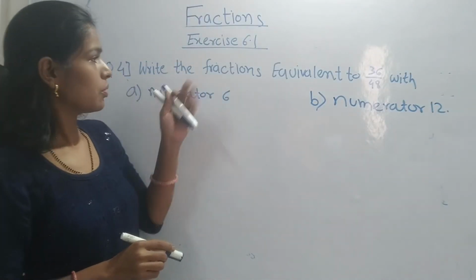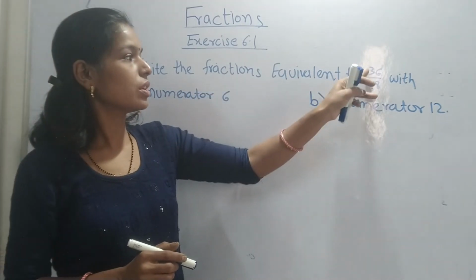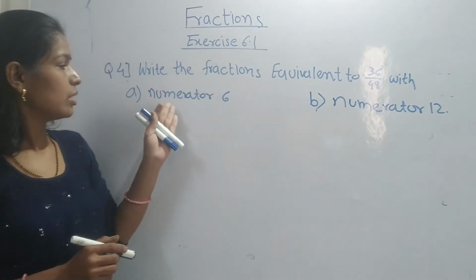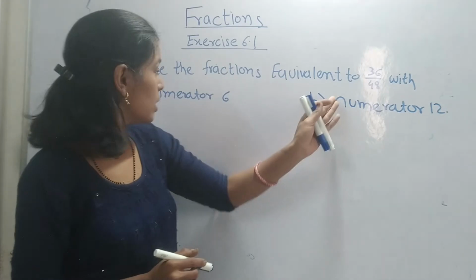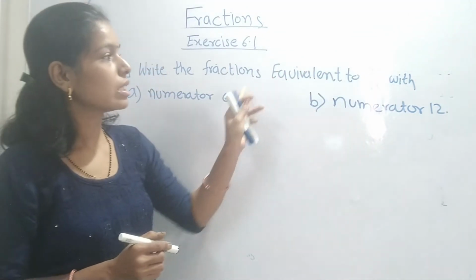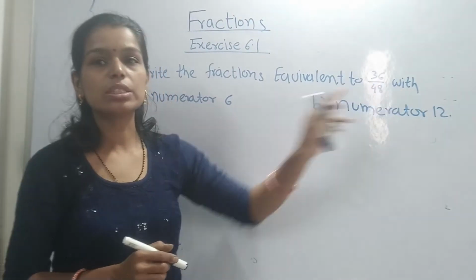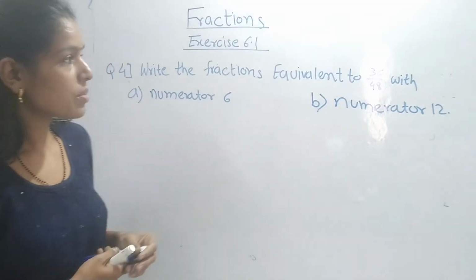So this is our fourth question. Here you have to write the equivalent fractions of 36 upon 48 having the numerator 6 and here the numerator 12. Now to make the numerator 6 of 36 upon 48 or to make the numerator 12 of 36 upon 48, what are you observing here?